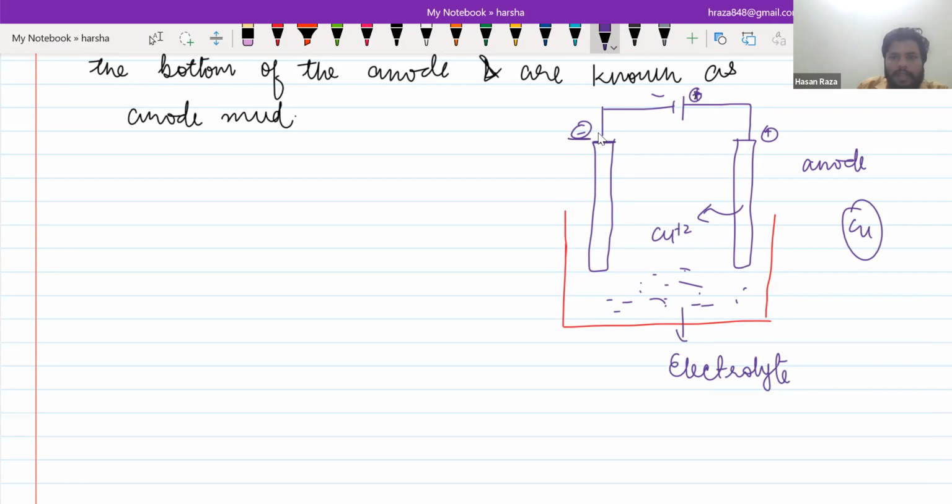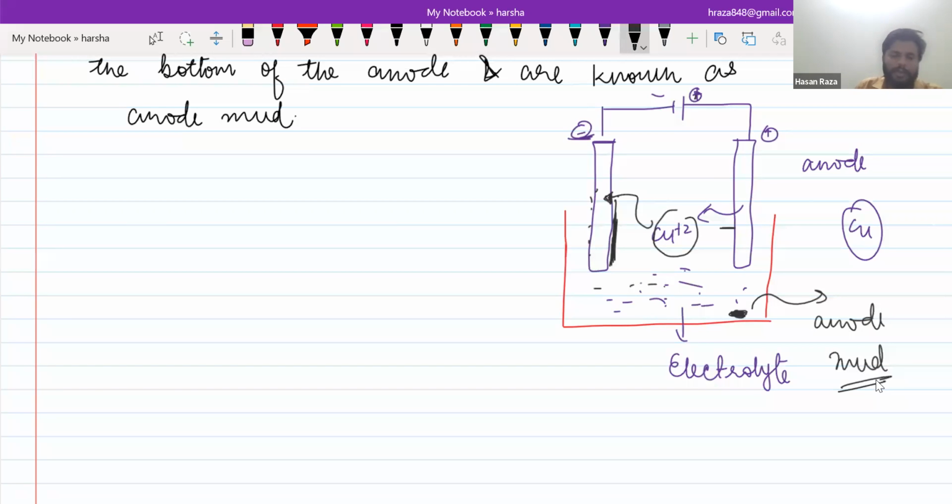And since this is negatively charged, Cu+2 will go and stick onto this copper. It will form basically a thin strip. Whatever is present in this copper, the impurities, if they are soluble in this electrolyte, they will dissolve. And if the impurities are not soluble in this electrolyte, they will go and collect under the mud, and this is called anode mud.